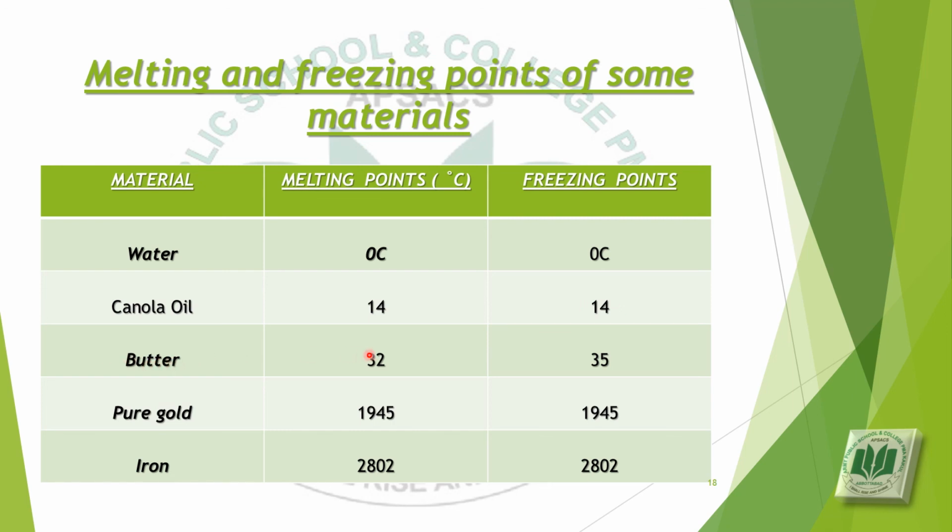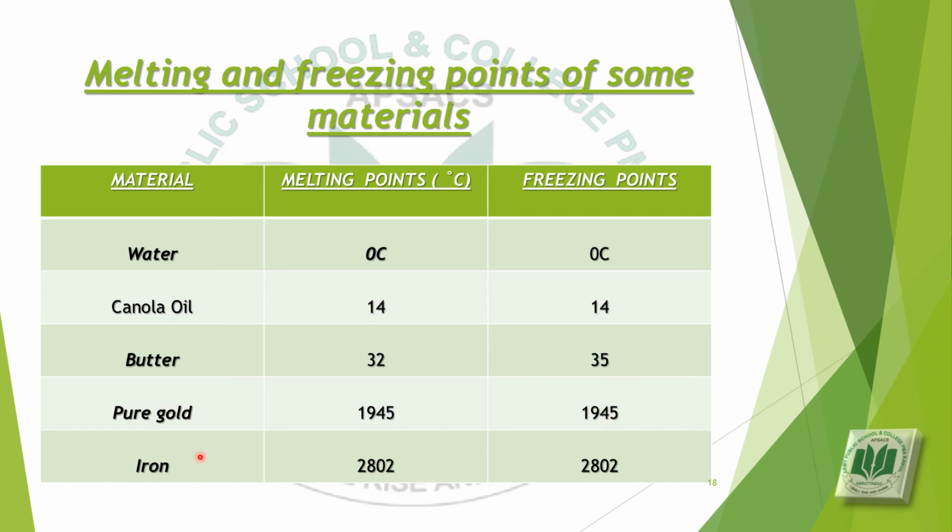Butter. The melting point of butter is 32 degrees centigrade, and the freezing point of butter is 35 degrees centigrade. Now we have pure gold. The melting point of pure gold is very high, which is 1945 degrees centigrade. And the freezing point of pure gold is 1945 degrees centigrade.